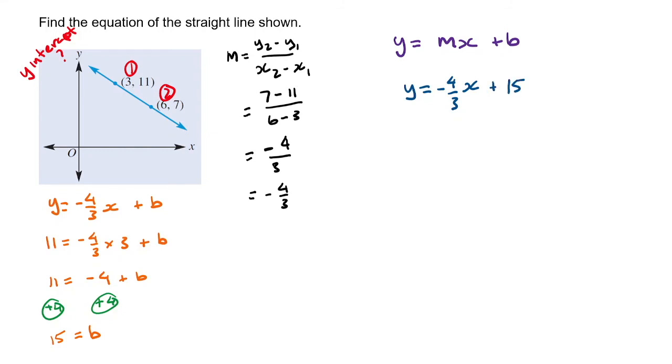Now, if you really wanted to, you could double check that using the other point just to make sure. Now, there is one last thing that I want to show you, and that is using the point gradient form that we saw before. So that's this formula. So it is y minus y1 equals m times x minus x1.